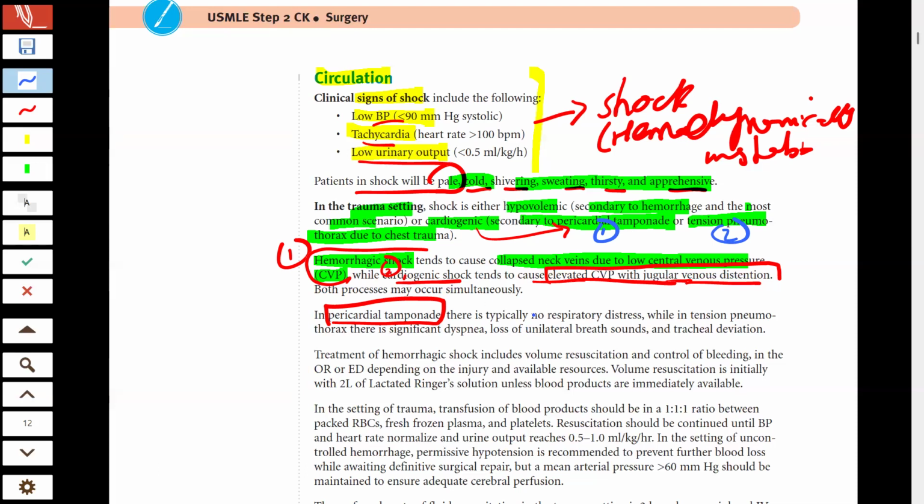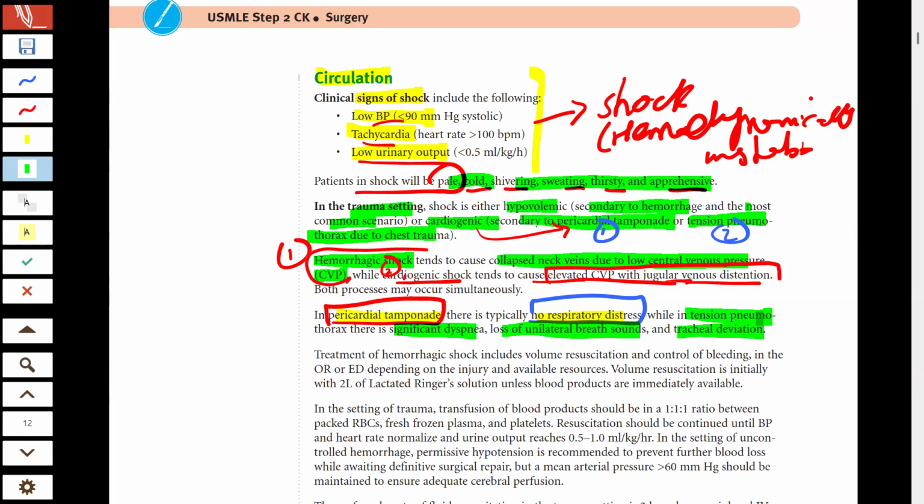In pericardial tamponade there is no respiratory distress, no dyspnea, no respiratory features. But in tension pneumothorax, because the lung is involved, there is significant dyspnea, loss of unilateral breath sound, or tracheal deviation.